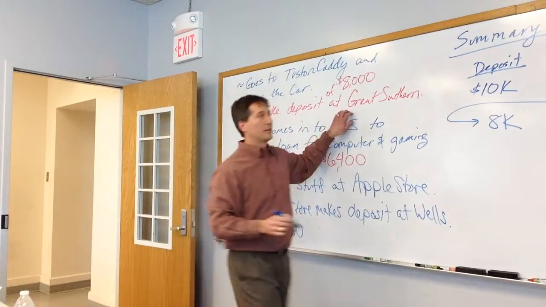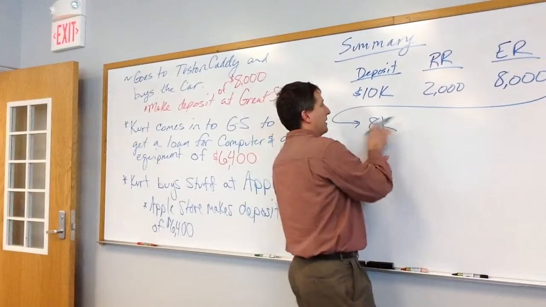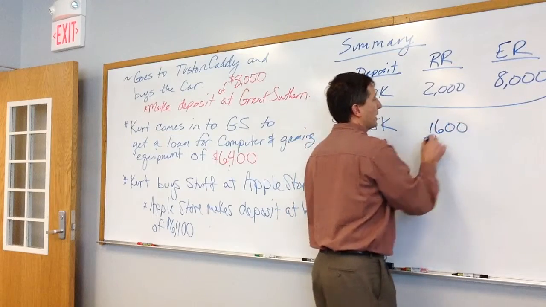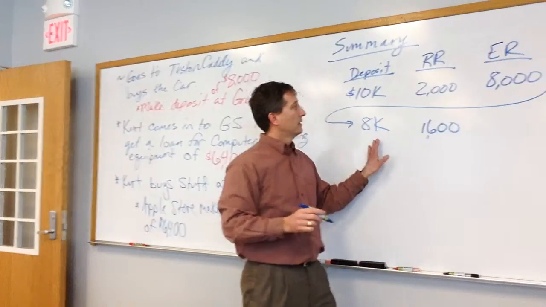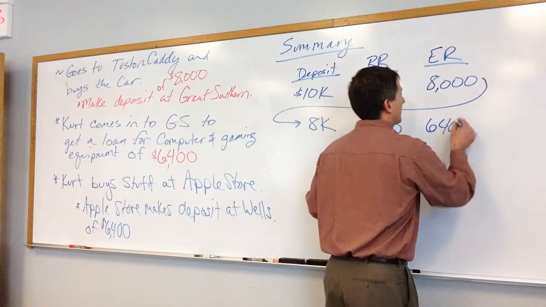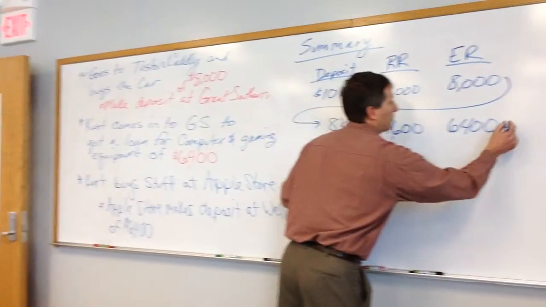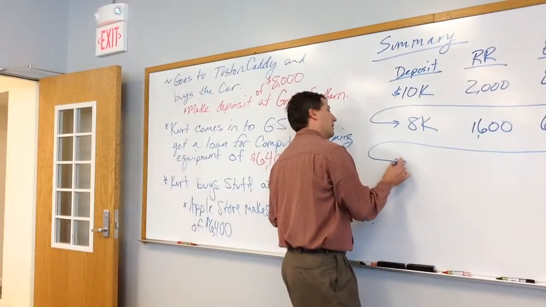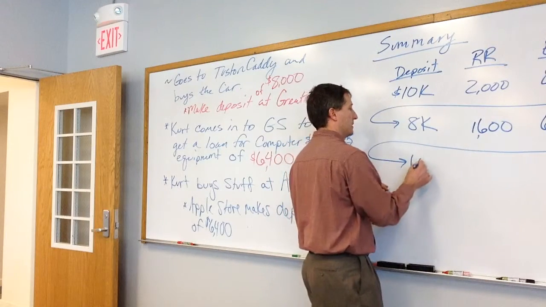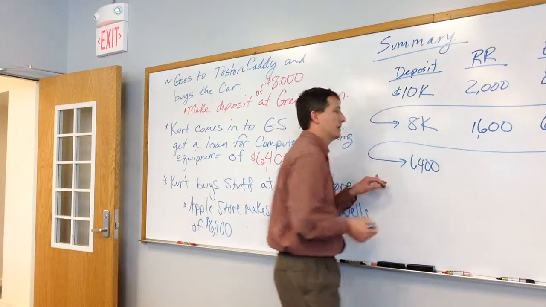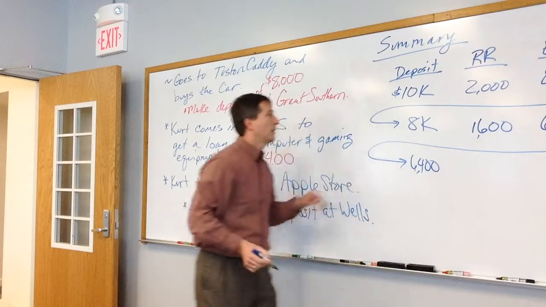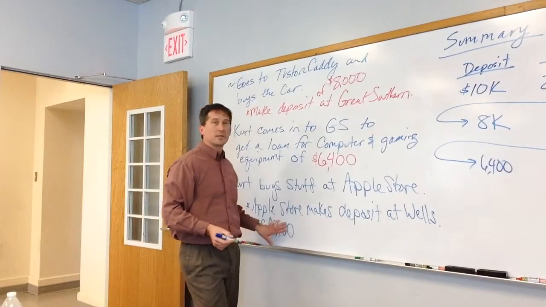Great Southern had to hold back 1,600 of those funds, leaving 6,400 for Kurt to come walking into the bank, borrow, take it to Apple, and for Apple to dump it into their account at Wells Fargo.